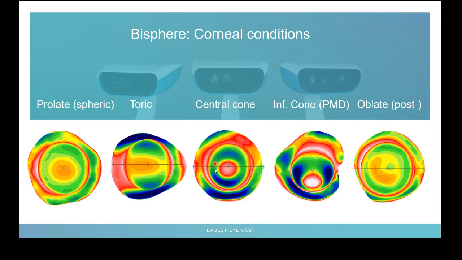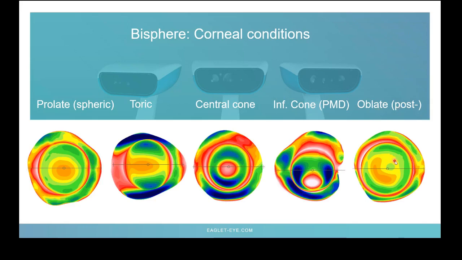Central cone, I showed it already before, but you just see a red cone in the center. And if you look at an inferior cone, or in this example, a PMD, you see the cone being inferior from the apex. And the apex we show with this gray circle on the gray line.